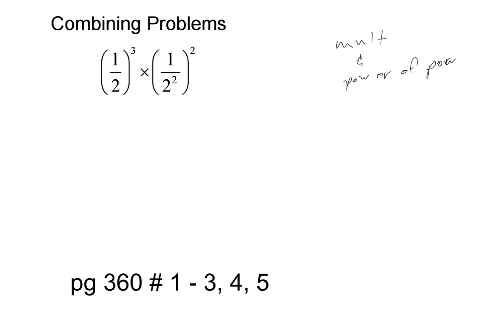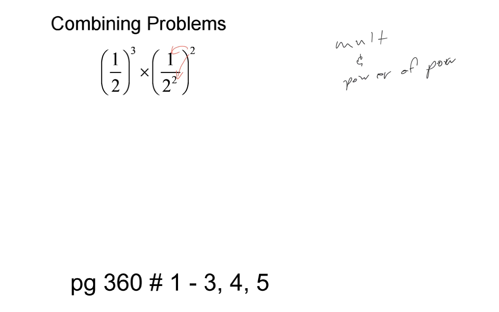In order to do this problem, we're going to apply the power of a power first because it's kind of like we're working with our brackets here. Power of a power means that we're going to take this 2 and apply it to everything on the inside.